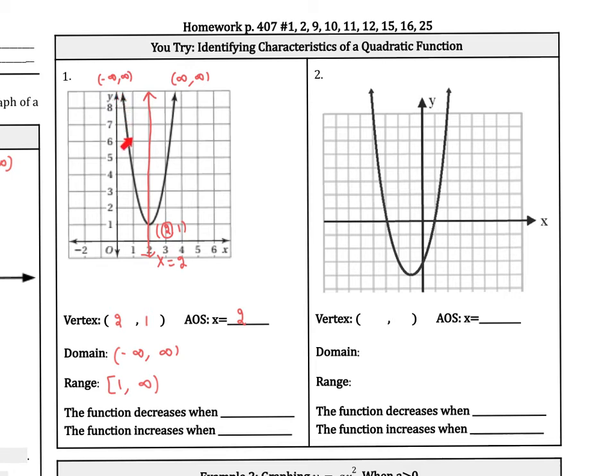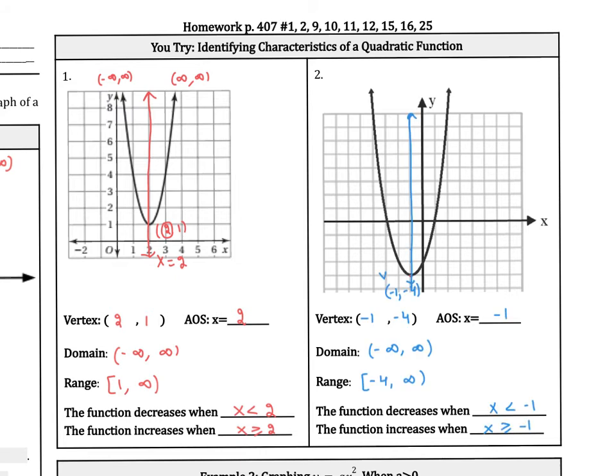So when x is less than 2, meaning this side, the function decreases. When x is greater than 2, meaning this side, the function starts to increase. So when x is greater than or equal to 2, the function increases.